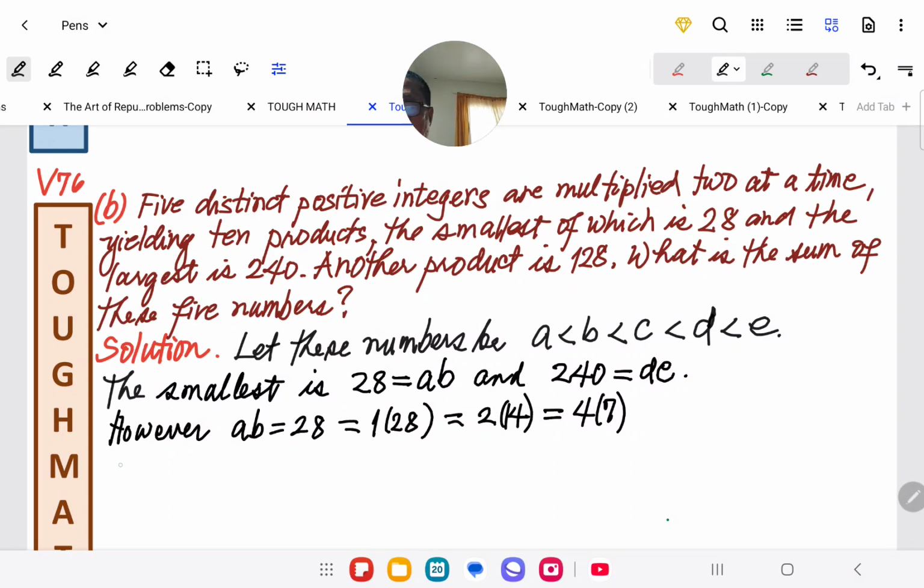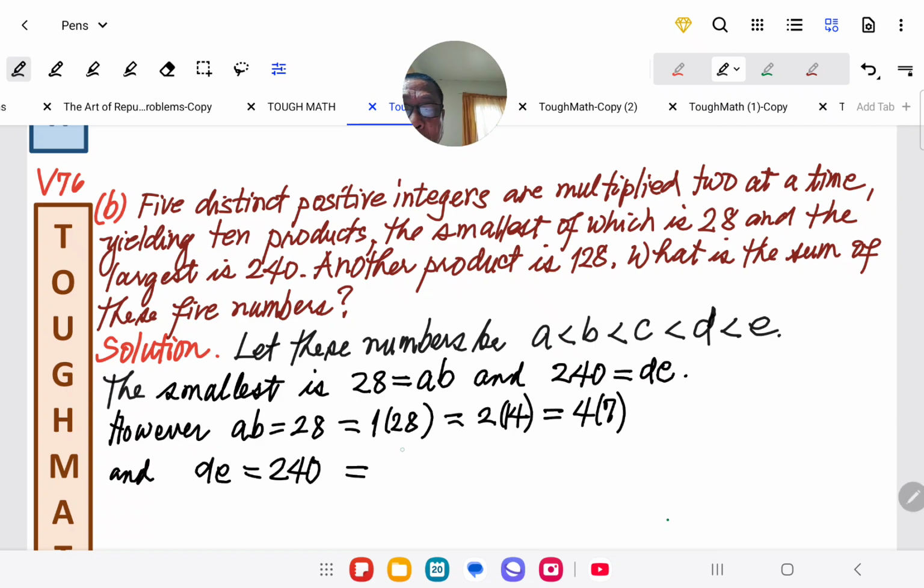And DE, which is equal to 240, can be the product of many possible factors, the two largest of which are 15 and 16.